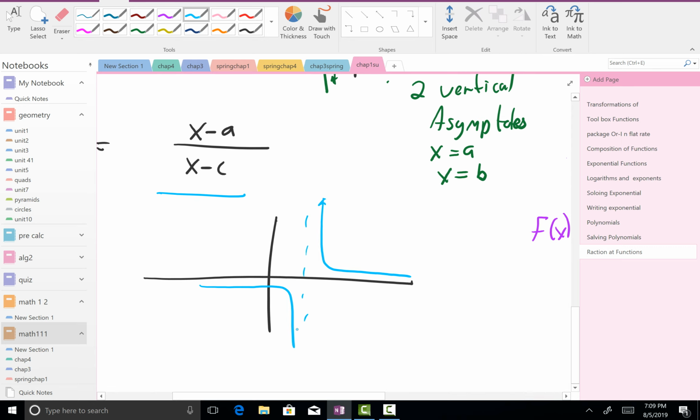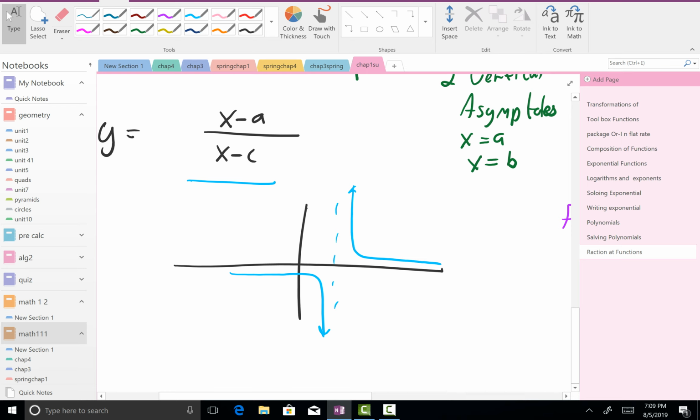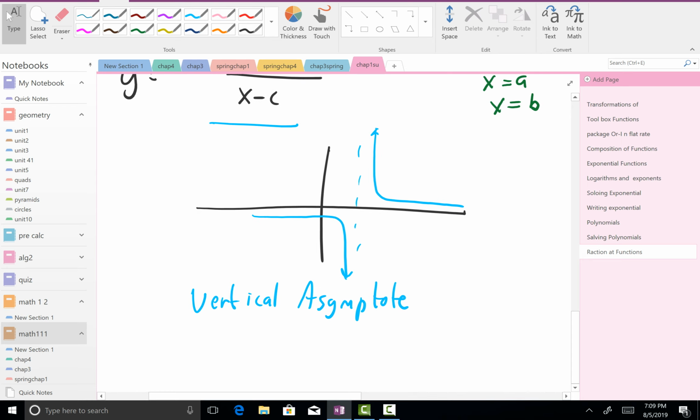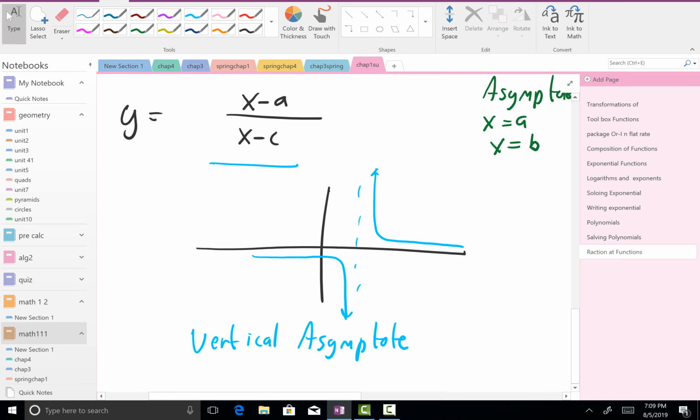But what else could happen? Well, we haven't talked about that, but that's the next thing. You're right. So we can have a vertical asymptote, but what else could we have in this situation where we have an x minus a over x minus c?